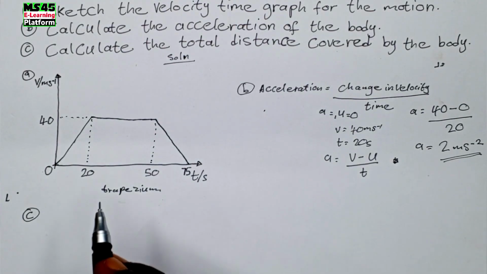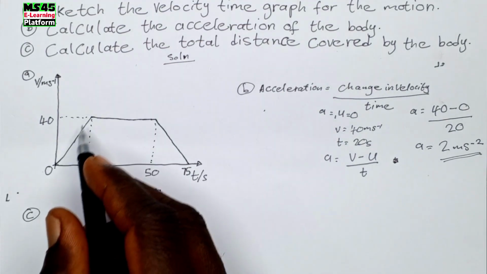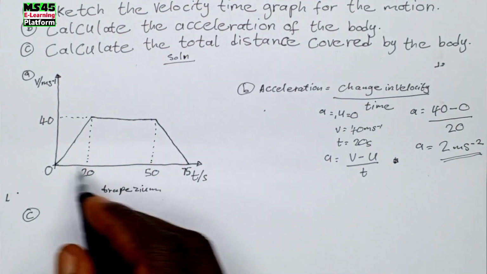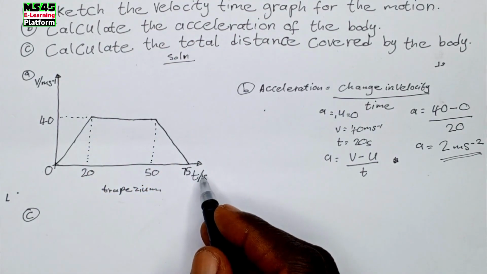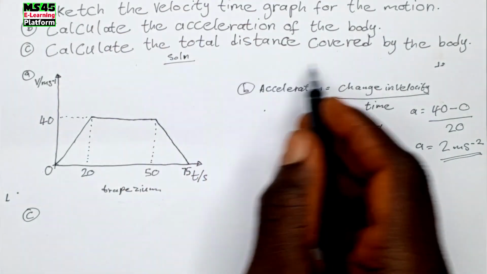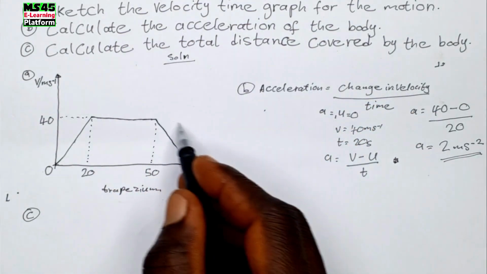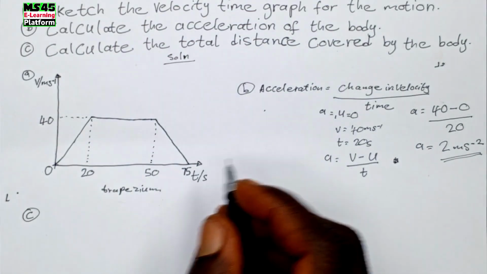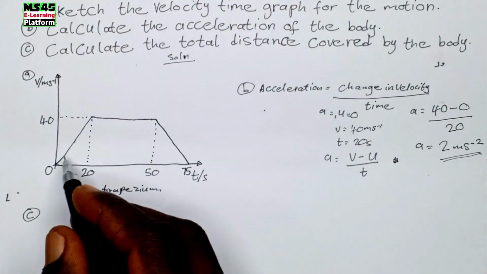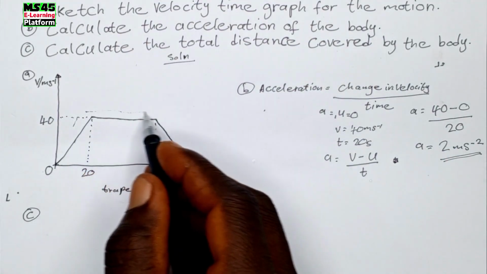Since the movement of the body has formed a trapezium shape, the total distance covered by the body is equal to the area of this trapezium shape.